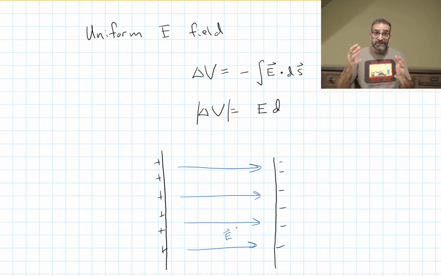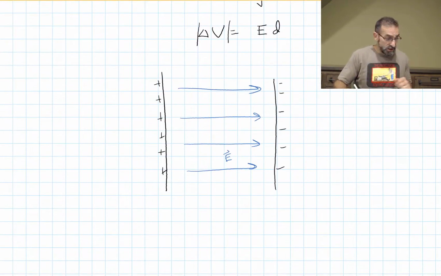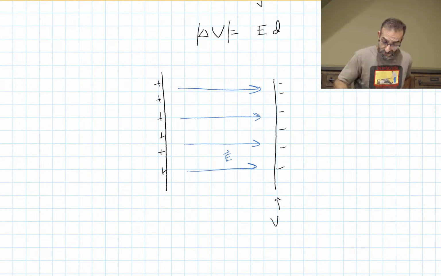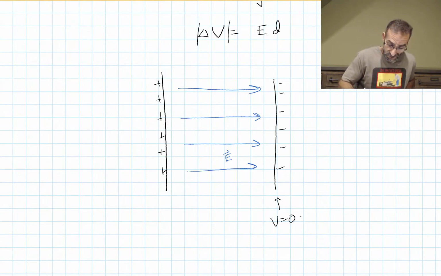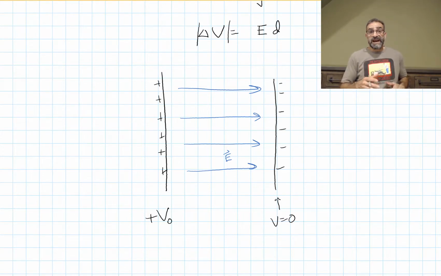If there's a potential difference of V naught between these two plates, and I told you that the rightmost plate was 0 volts, then you would know that the leftmost plate would have to be positive V naught.